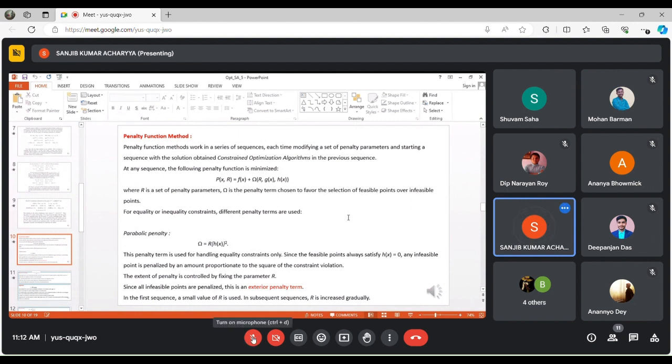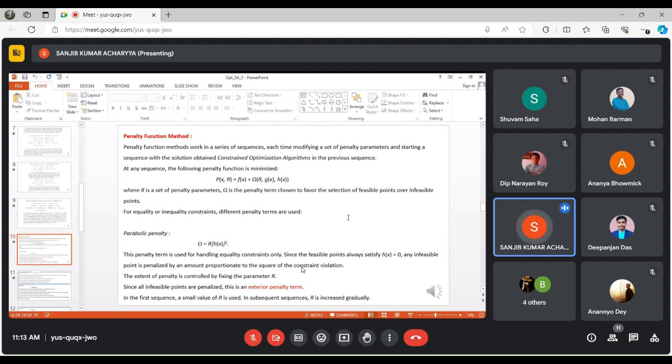Hello? No, sir, understood. So can you suggest that in that case, the solution should be penalized at a feasible point or an infeasible point? In the infeasible points, sir. Why? Because our target is to reduce the margin of feasibility, not to improve the feasibility. In the exterior method, our target was to improve the feasibility, as it was very much infeasible.